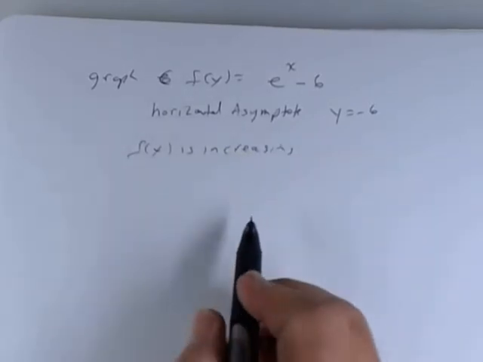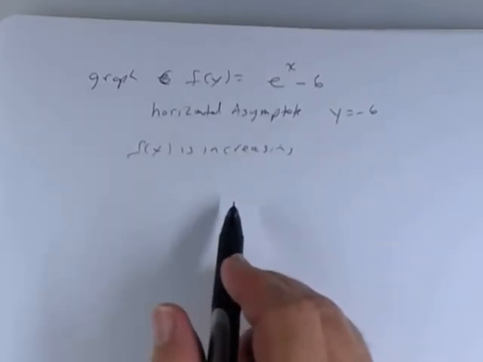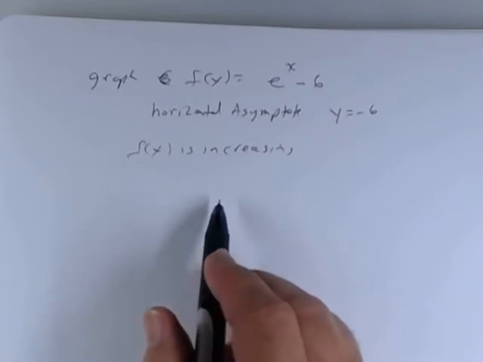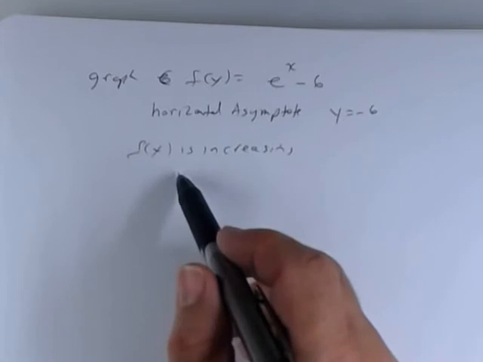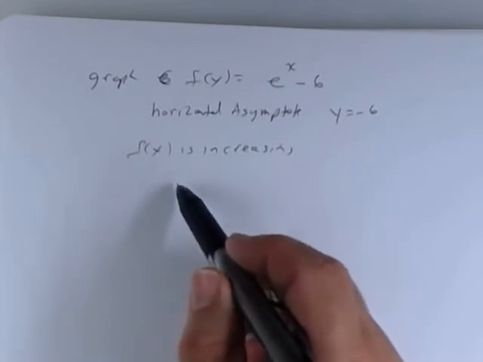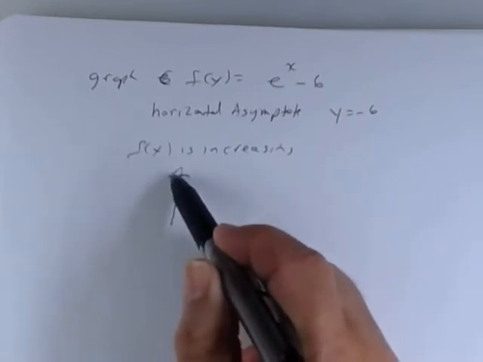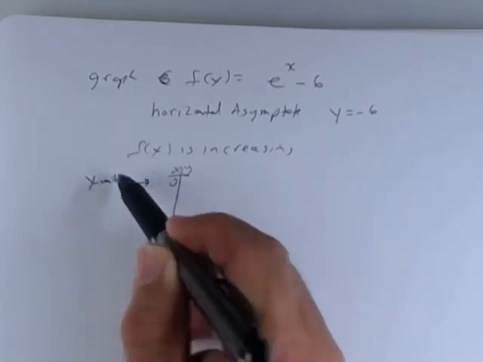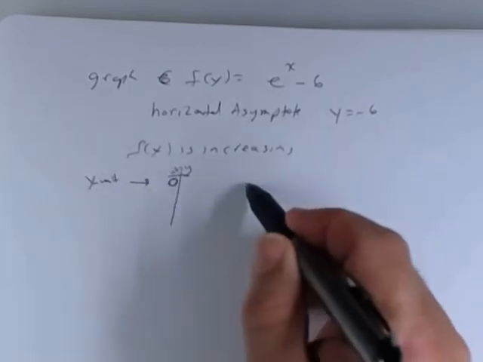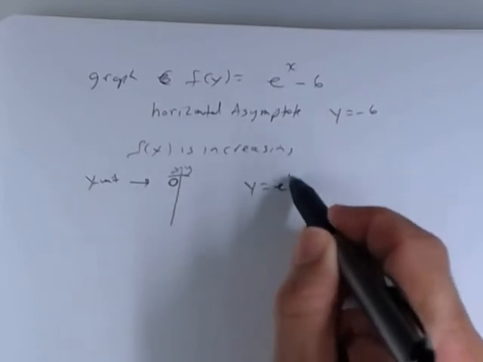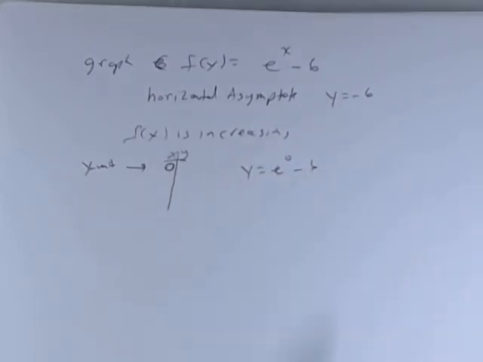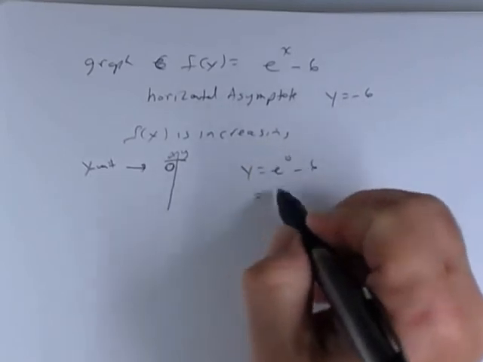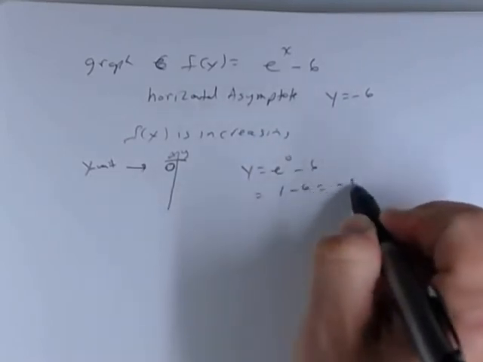So once I find the y-intercept, then it kind of helps me to see which points to use for x. So I'm going to let x equal 0, so that's your y-intercept. And so when x is 0, I get y equals e to the 0 minus 6. What's e to the 0? And so what's 1 minus 6?